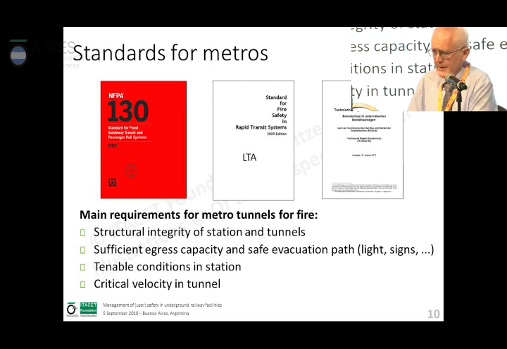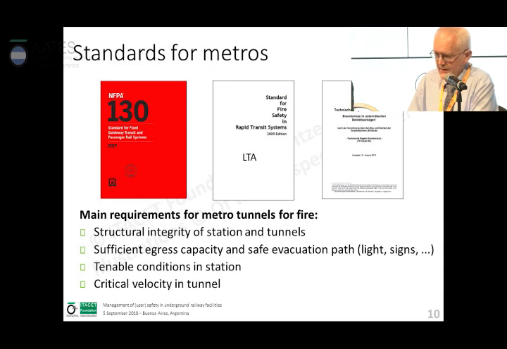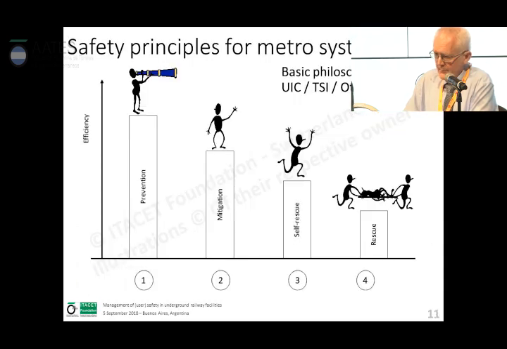But again, this is an example. In some countries, there are no particular ventilation measures required for the tunnels just because of the very low probability of having a fire there. So those are some examples of standards. Then there are different safety principles given by different standards.